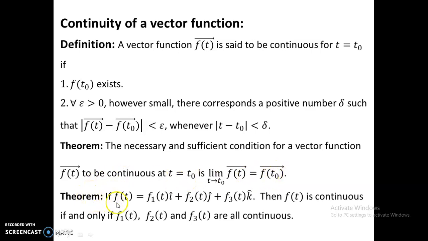Another property: if f of t equals f1 of t i cap plus f2 of t j cap plus f3 of t k cap, then f of t is continuous if and only if f1 of t, f2 of t and f3 of t are all continuous. Each component of that vector function must be continuous, and only then can we say that f of t is continuous.